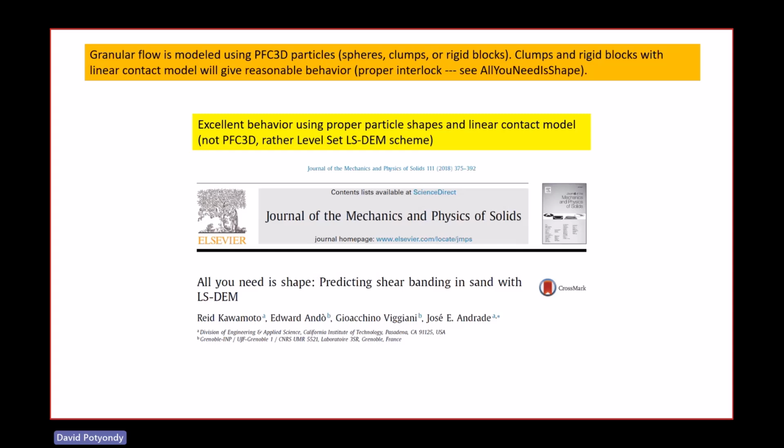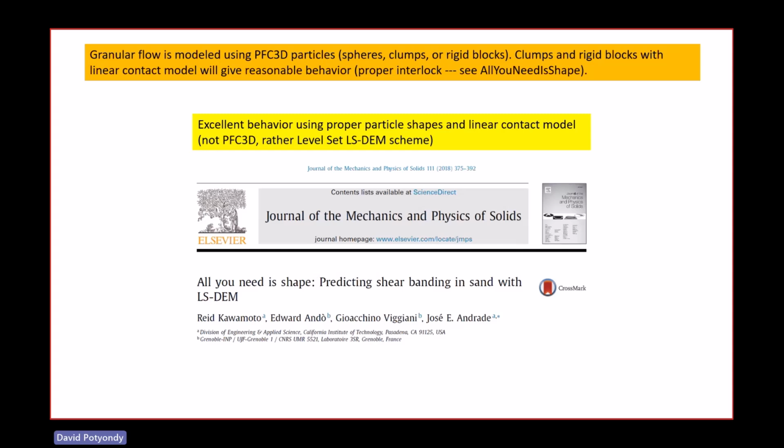He takes the actual shapes of a bunch of sand in all their complexity, makes a whole bunch of particles with those shapes, and then he essentially just puts in the linear contact model.